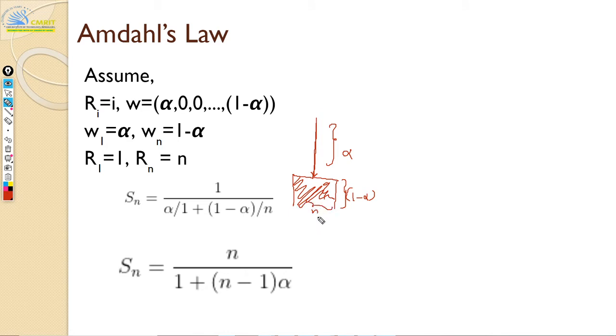Now when you increase the machine size, if you add n processing elements, your speed up will be improved only for this 1 minus alpha fraction of your program. The remaining part you cannot speed up. That's what Amdahl's law says, and it's very, very important.